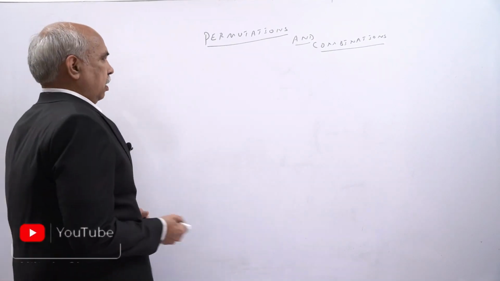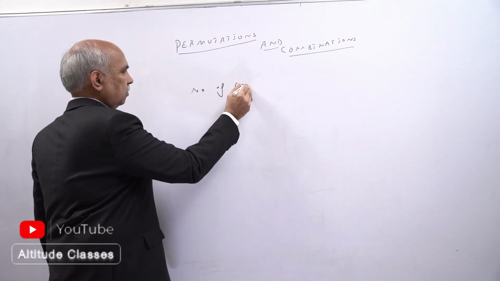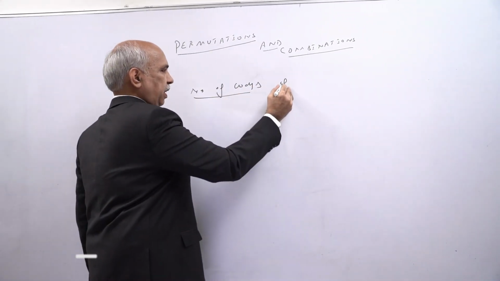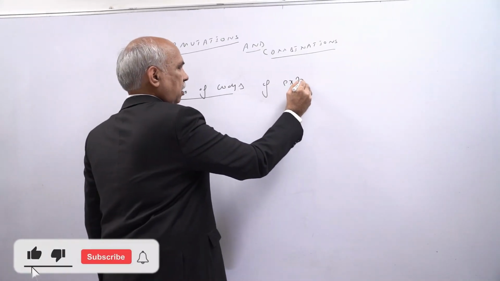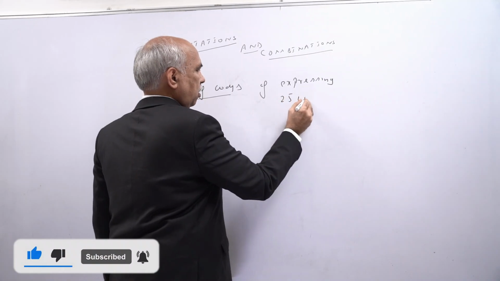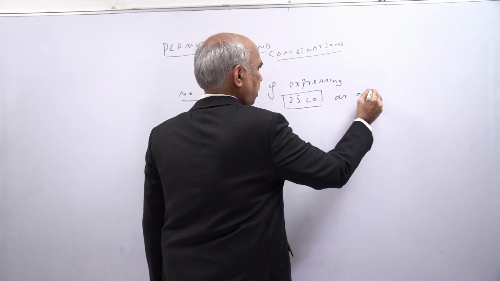Next question. The number of ways of expressing 2520 as a product of two factors.